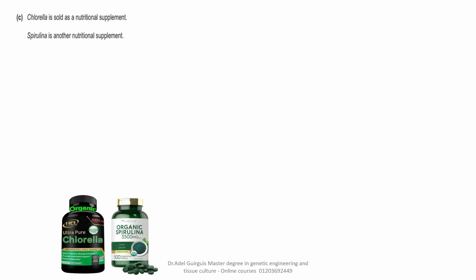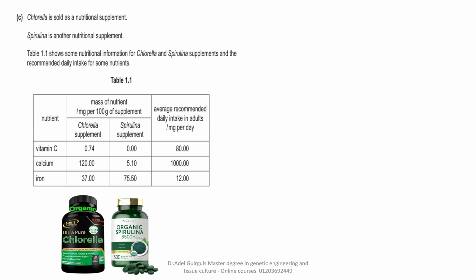Now for letter C, Chlorella is sold as a nutritional supplement. Spirulina is another nutritional supplement. Table 1.1 shows some nutritional information for Chlorella and spirulina supplements and the recommended daily intake for some nutrients. What about some nutrients here? Vitamin C, calcium, iron.